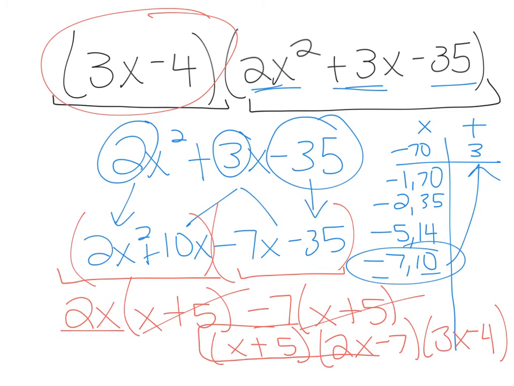So if I multiply these three binomials, that would give me the original polynomial, our dividend, which goes underneath the division symbol. So anyways, there's our factorization, and we are done.